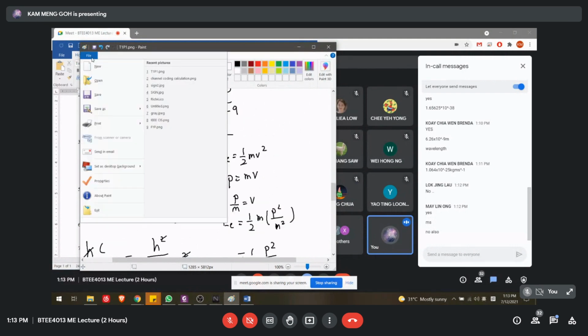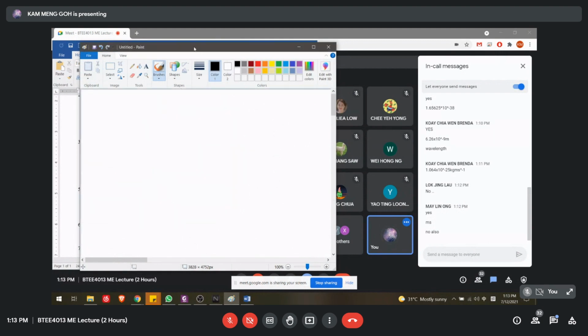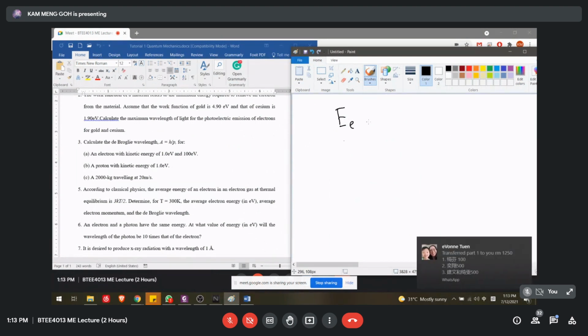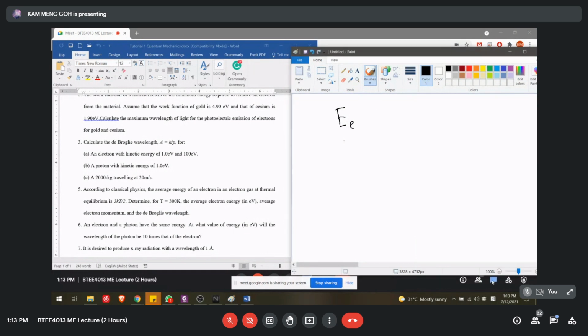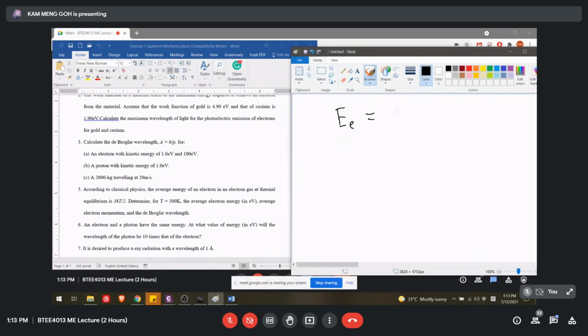Okay, so let me create one new. The electron and the photon have the same energy, but we know that the photon energy equals hf, which equals hc over lambda.